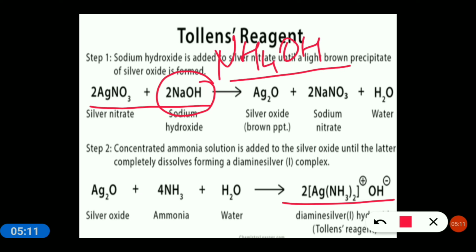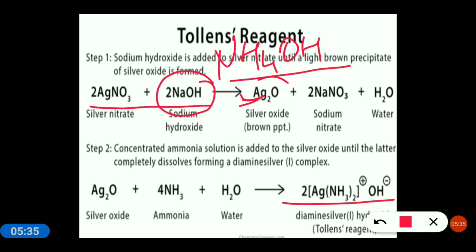Generally, we use ammonium hydroxide in the lab. It will give you a brown precipitate of Ag2O, silver oxide, which just redissolves.